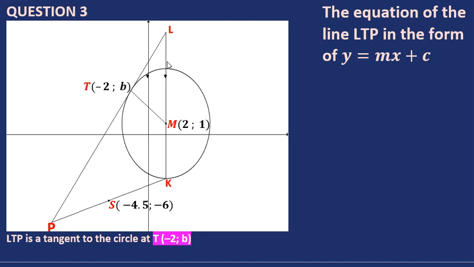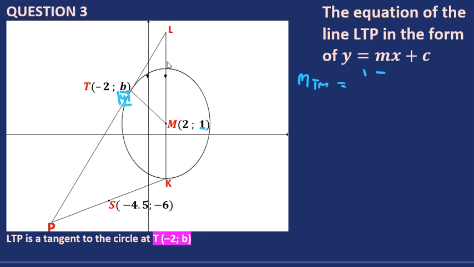So the gradient of TM from T to M will be, let's take that as y2, it will be 1 minus b, which we know is 4. Remember, we calculated b in question 1, so b is actually equal to 4.